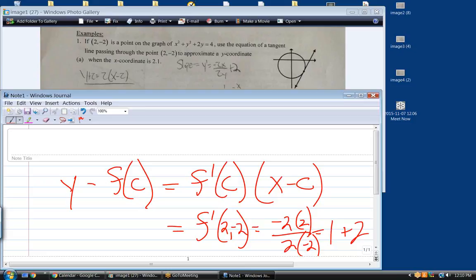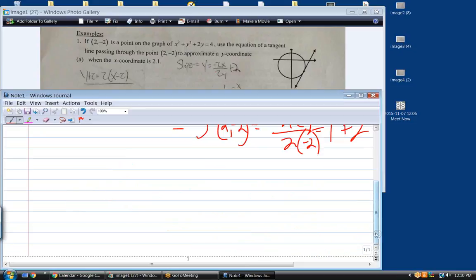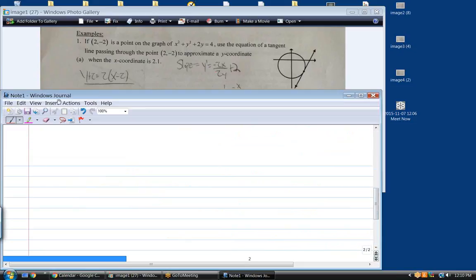Go ahead. So now she got 2. I know. I'm trying to figure out how she got 2. Let's see here. In other words, did she implicitly differentiate that properly? Here, let's just implicitly differentiate this.